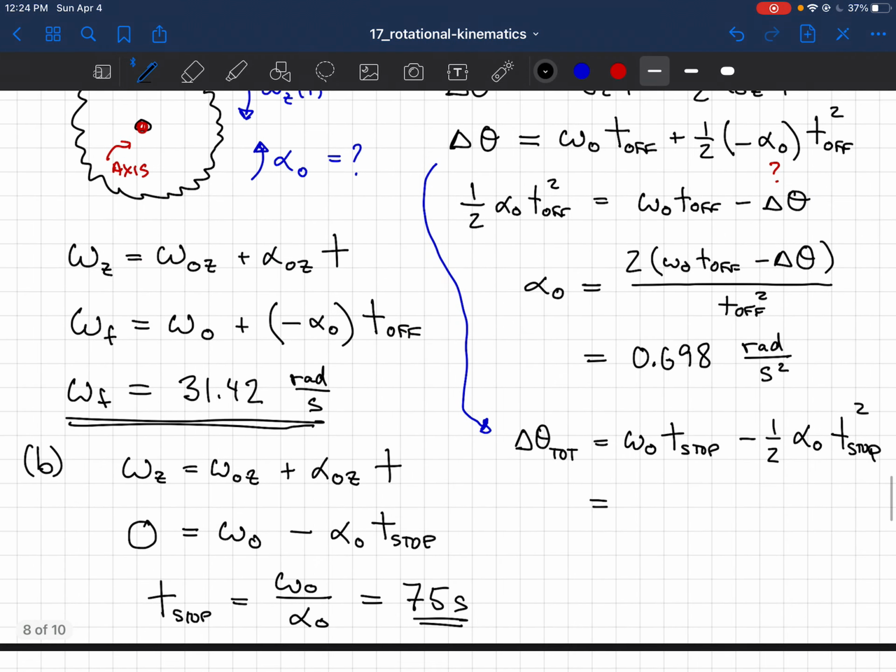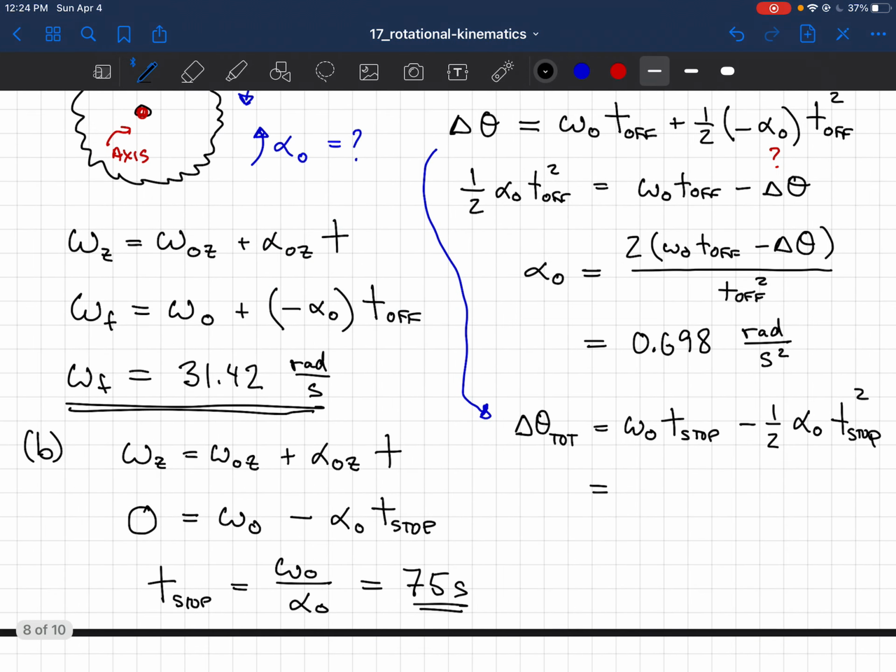Plug it in. Omega naught is 52.36. Multiply it by the amount of time we just found, 75 seconds. And subtract off 1/2 times alpha naught, which was 0.698, multiplied by t stop squared.